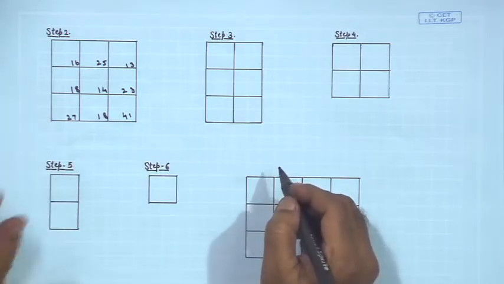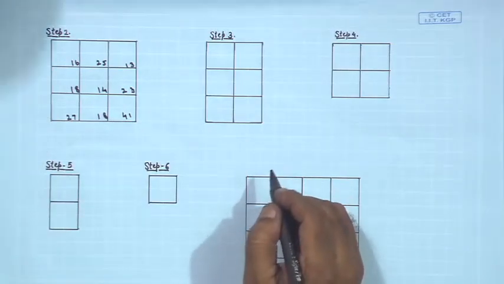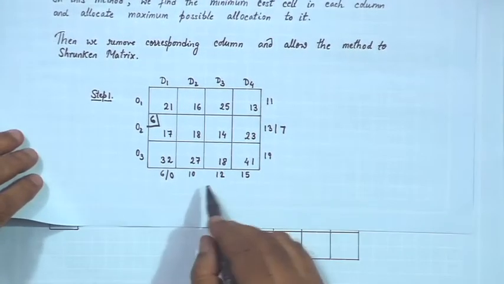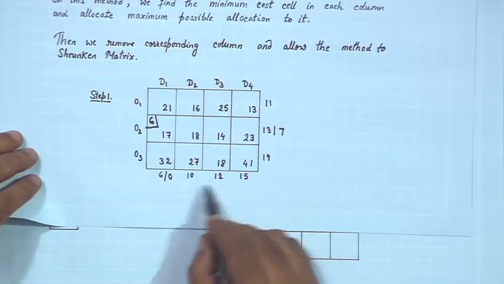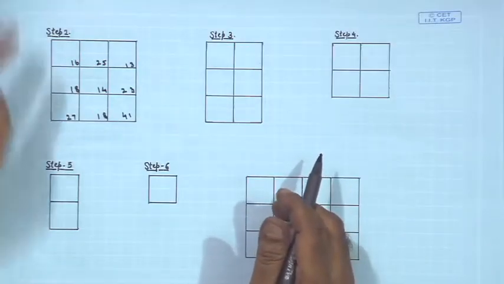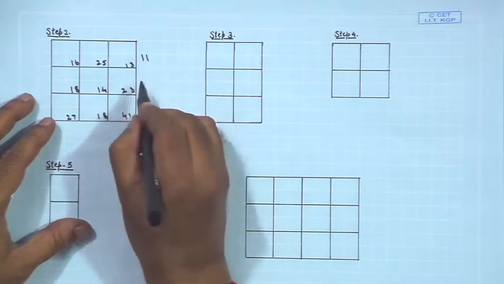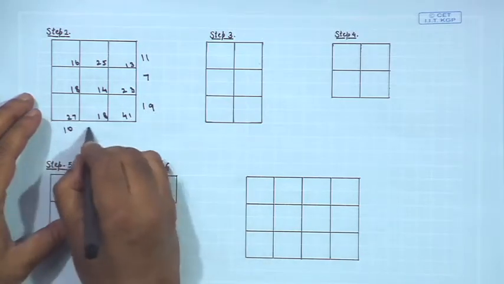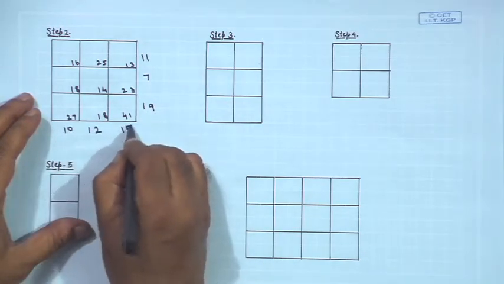Your allocations are, in this case, 11, 7, 19 here, and on this side it will be 10, 12 and 15.